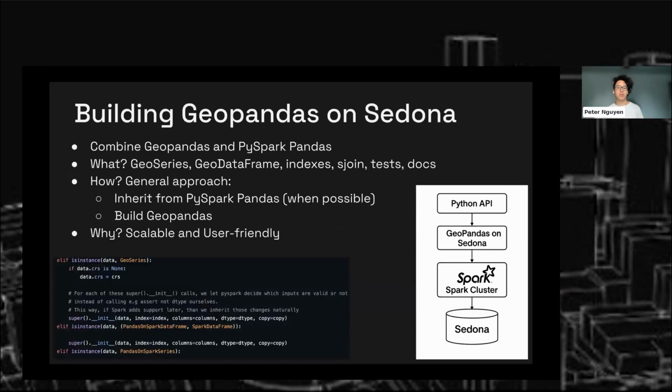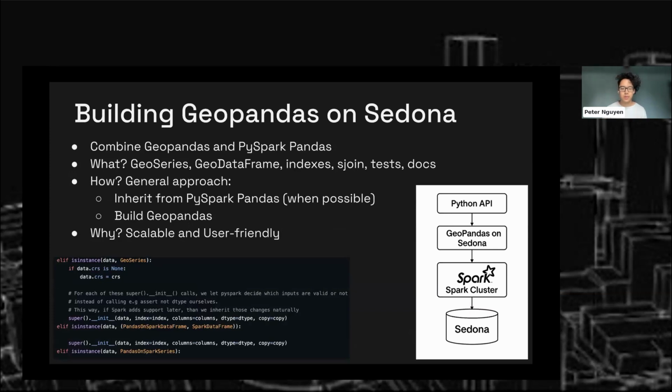Yeah, so just a little about what it looked like building it out. Because Sedona is already built on top of Spark, there actually is already a PySpark Pandas API, so we were able to leverage that pretty well. My general approach was to inherit from PySpark Pandas as much as possible, and then build GeoPandas on top of that.